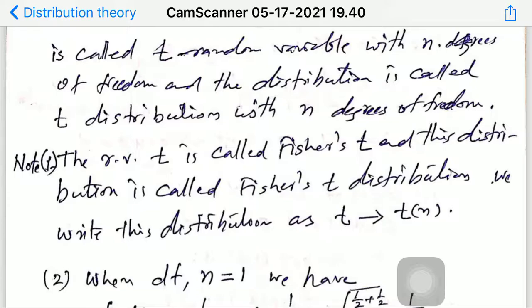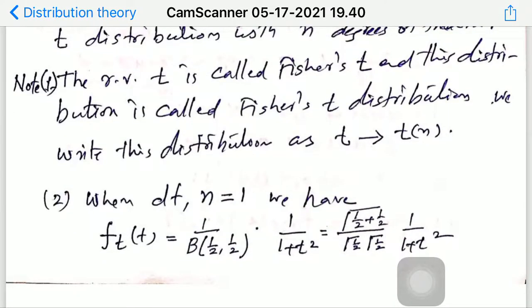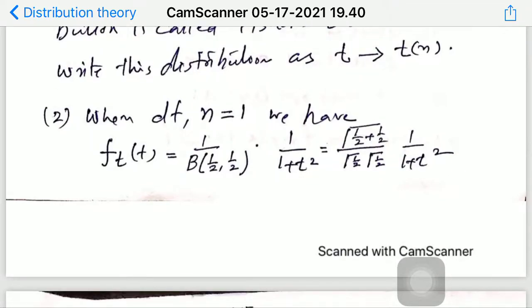Student t distribution is there, that we will discuss later when we come to the sampling distribution. And you will see what happens when n is equal to 1. That is a special case of t distribution.